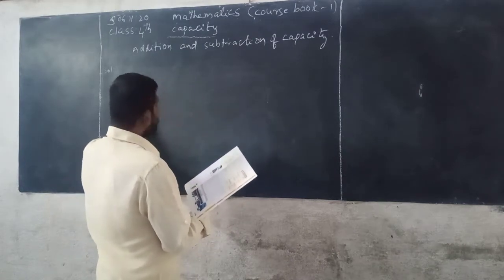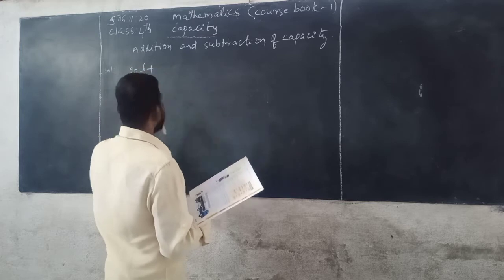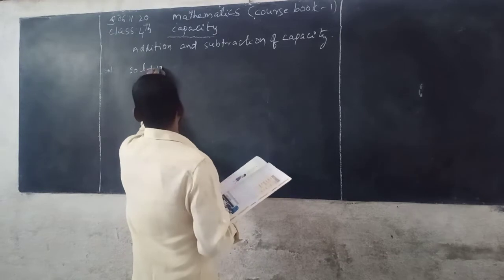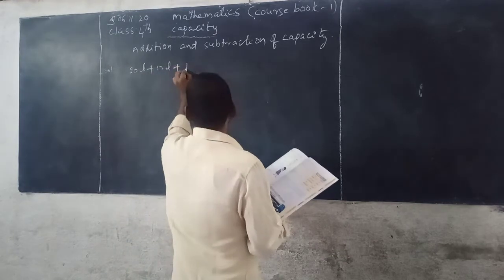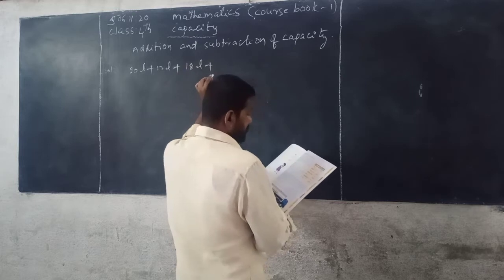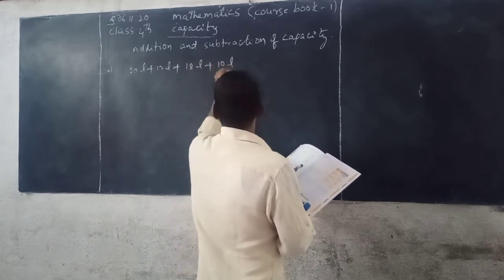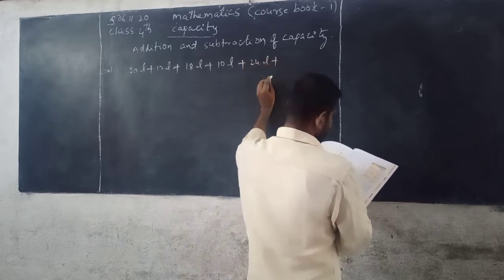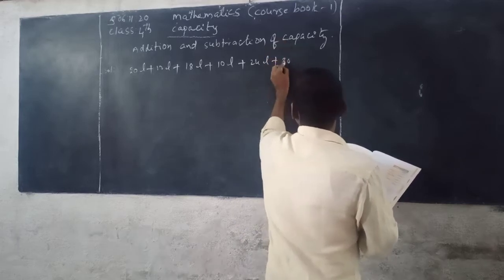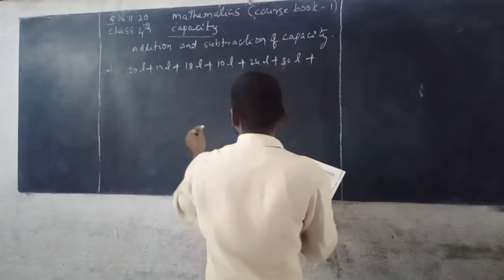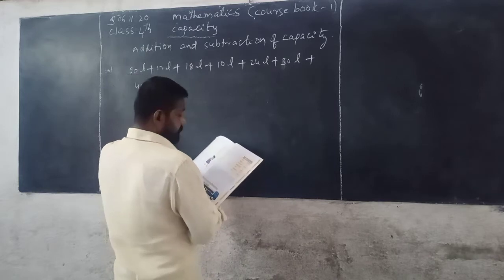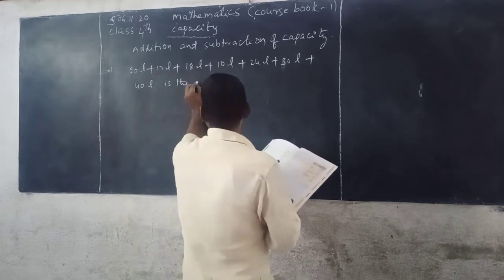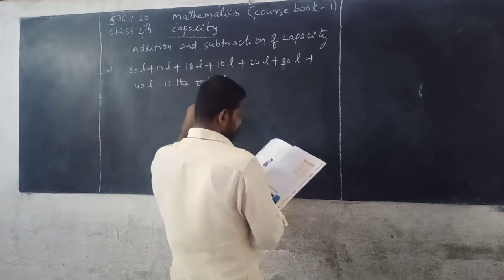According to our book, you can add the total amount of water and you will get the answer. 20 liters plus 12 liters plus 18 liters plus 10 liters plus 24 liters plus 30 liters plus 40 liters is the total consumption.